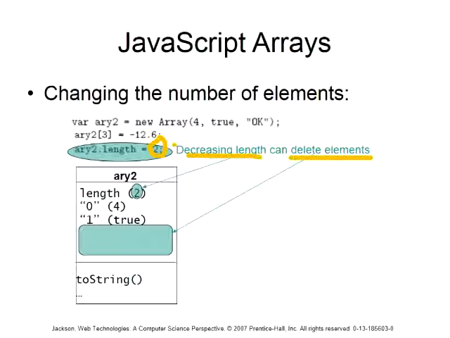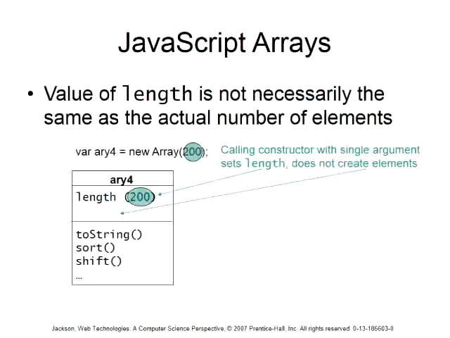If we write 0, that means this value and this value will be deleted. It's clear for you? Good.